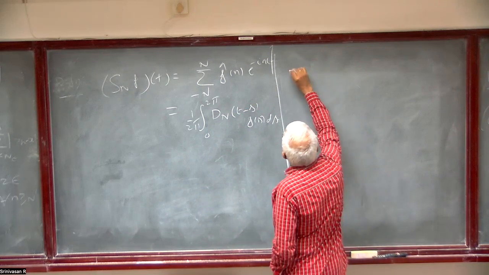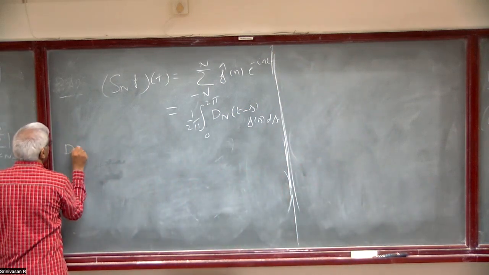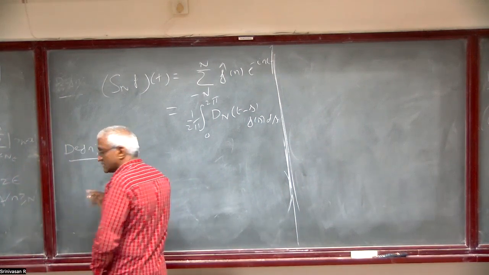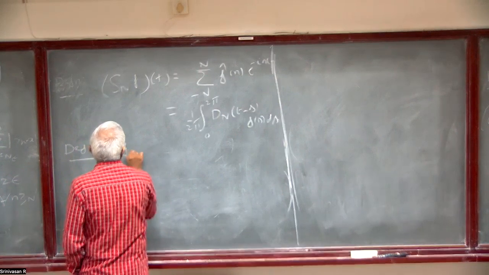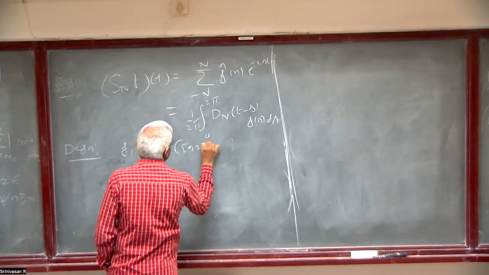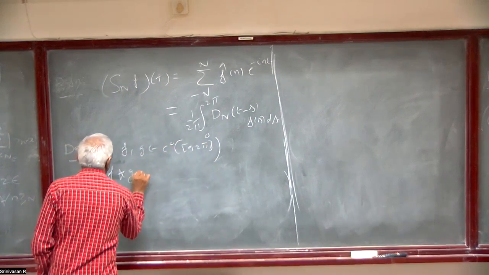So before that, let me define the following. This you can define for more general functions, but let us take continuous functions f, g in C[0, 2 pi]. Then you can define f star g.